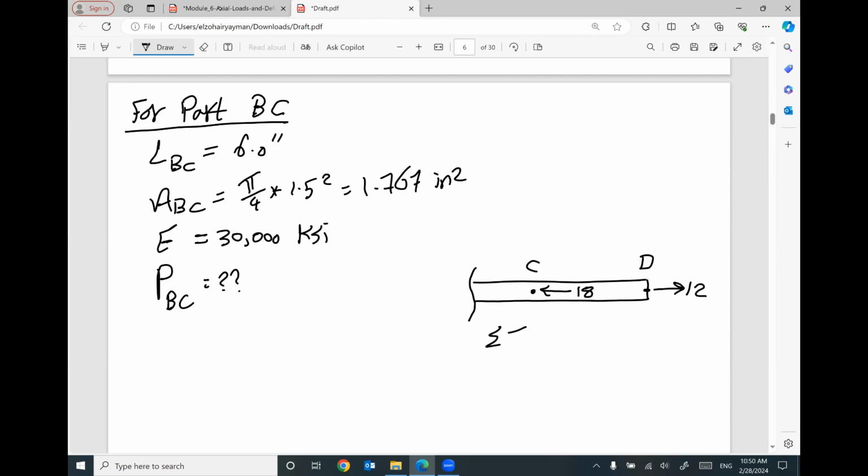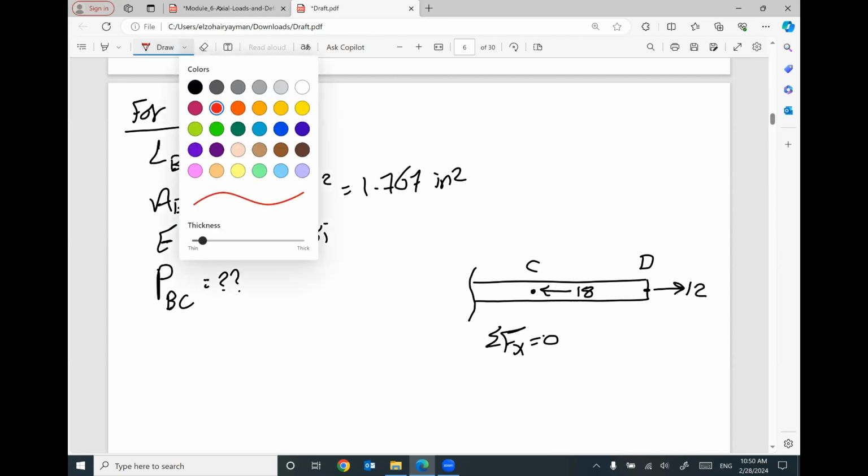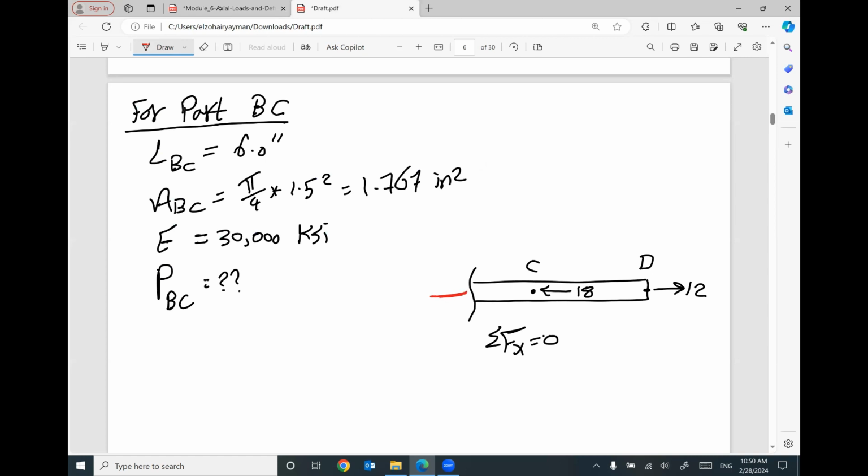If you apply summation Fx equals 0, we must have a force coming in this direction equal to 6 kip. So 6 kip and 12 kip in the same direction will be in equilibrium with 18 kip. And this force in this direction on your cross section is pushing.